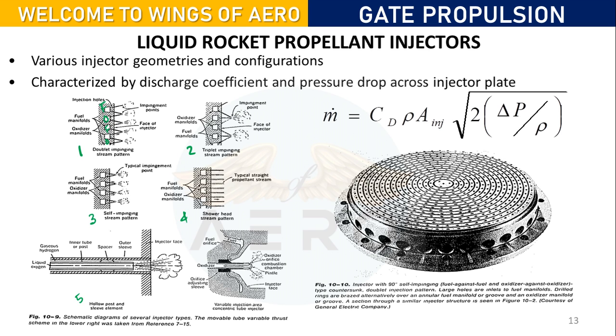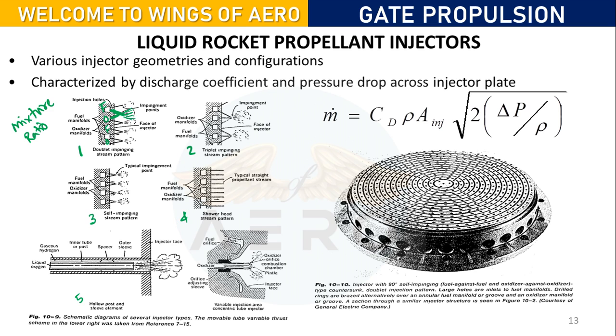From the jets, one stream of the fuel and one stream of the oxidizer will be spraying together with a proper mixture ratio. The mixture ratio is very important. That particular thing is called a double impinging stream pattern.